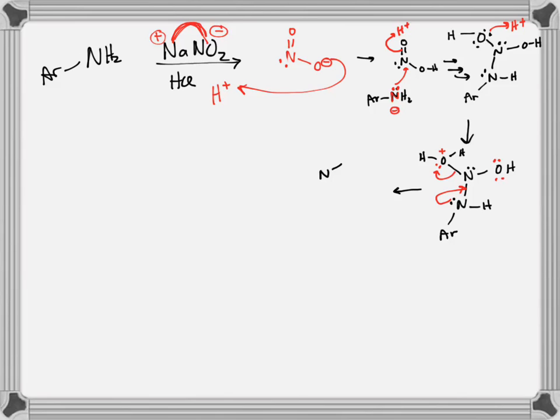It is less electronegative than our oxygen. There's our double bond. We're also going to lose that hydrogen as a secondary step. Still has its lone pair. Now what happens?